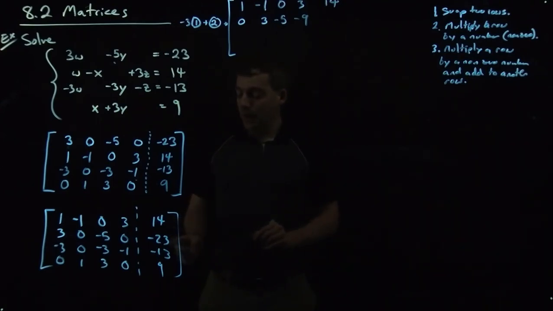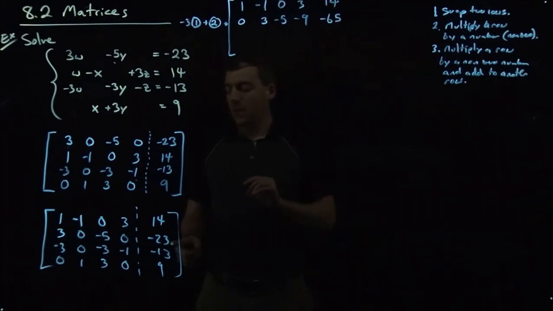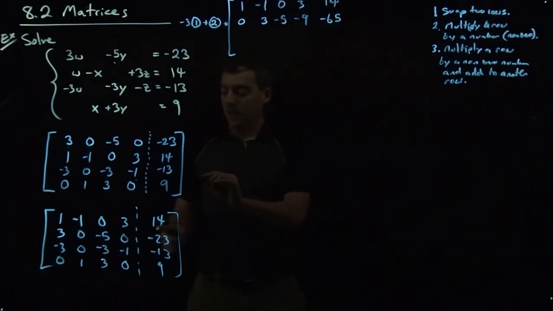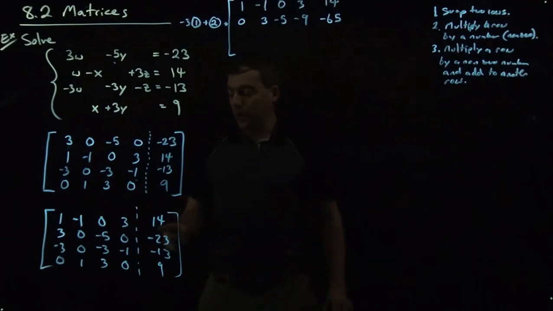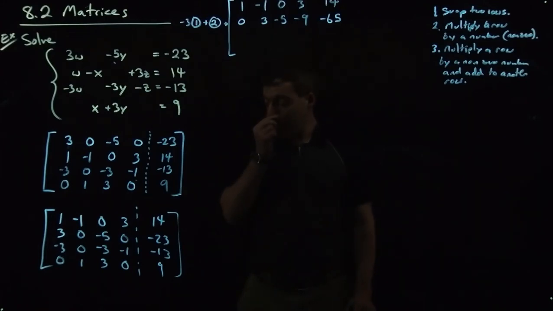And then we add that to -23. So -42 and -23, that's -65.